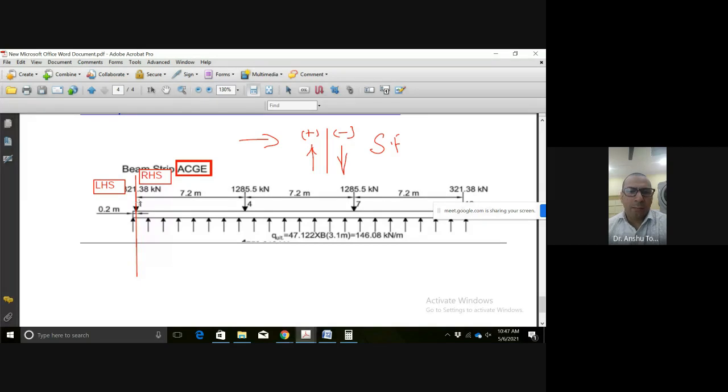Say something. What is going to be the value on the right hand side of this particular point load corresponding to shear force?